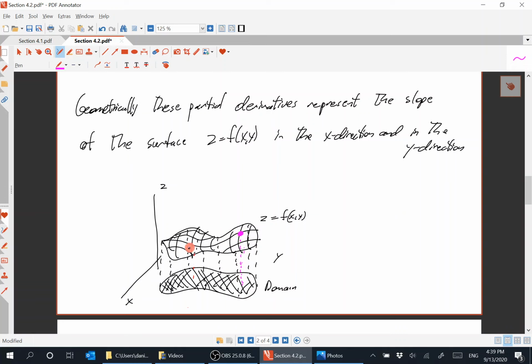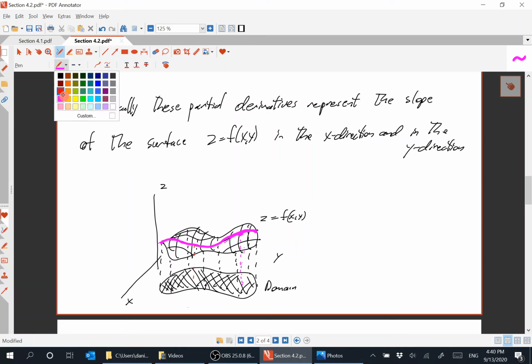Now this is going to be the curve where y is held constant.